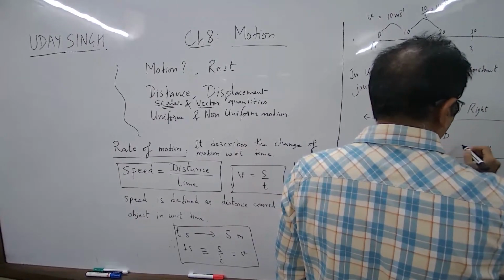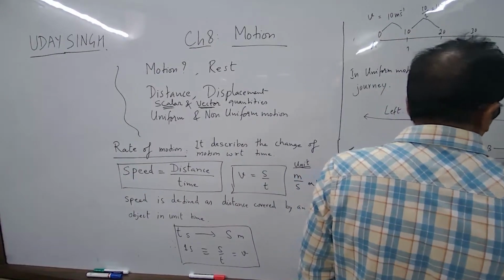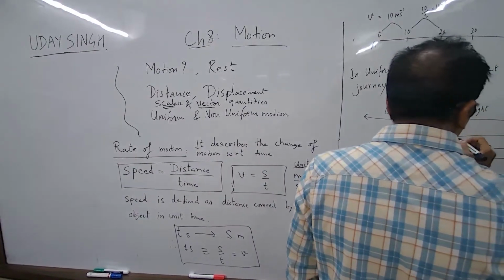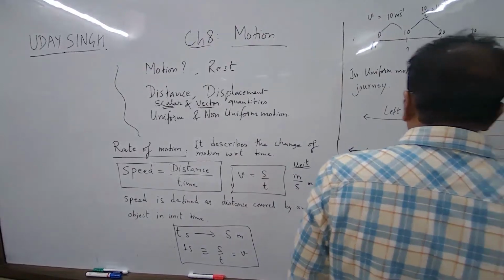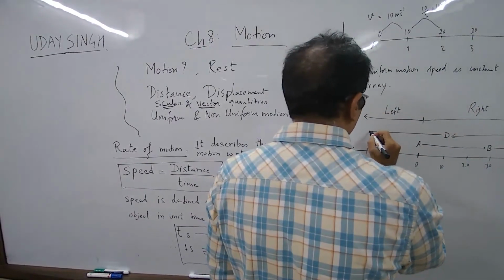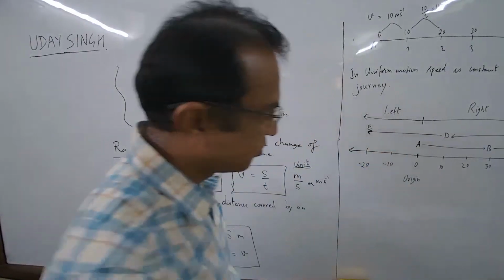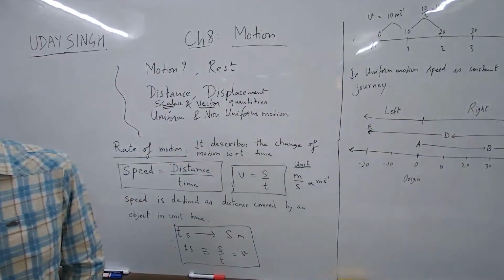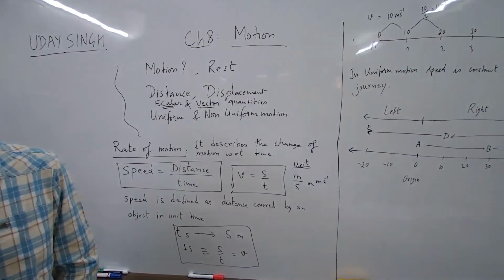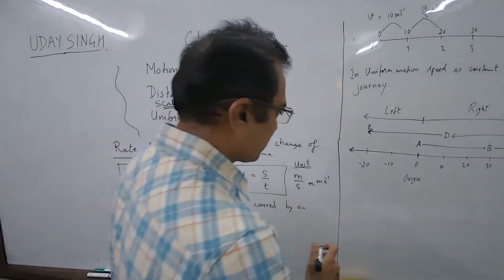So this is how it goes. And then from C it returns to D, then from D to E. These are different stages of motion of an object, the same body undergoing straight line motion. Okay. Now first question.